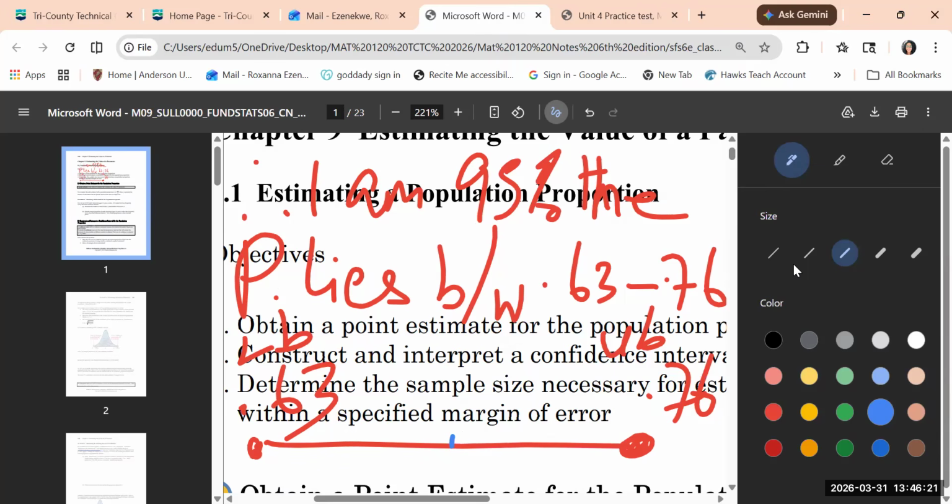Remember, the point estimate is 0.7. You might be told to find the distance from here to here. And that distance is called margin of error.